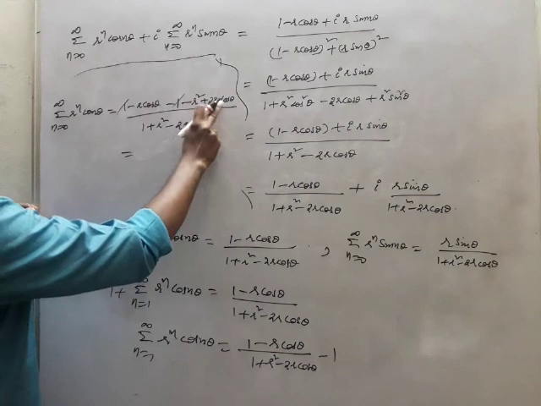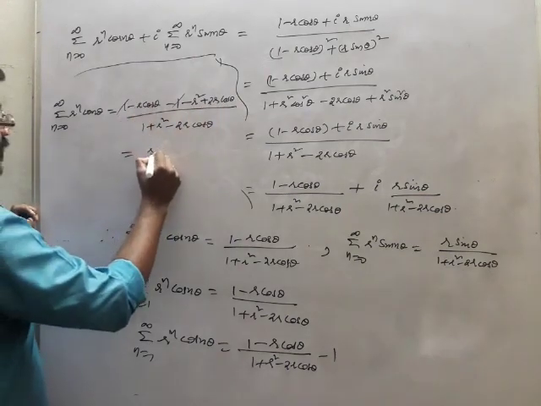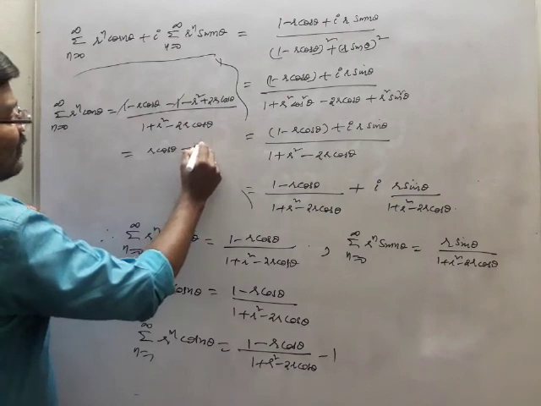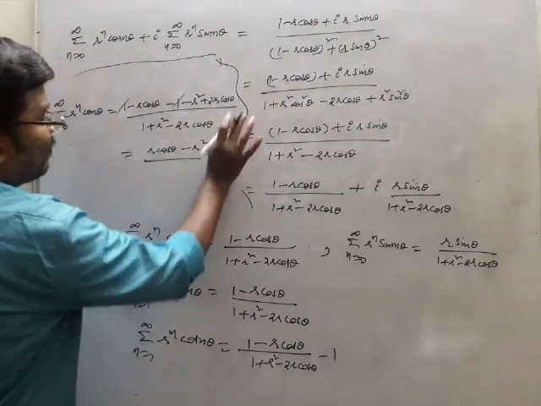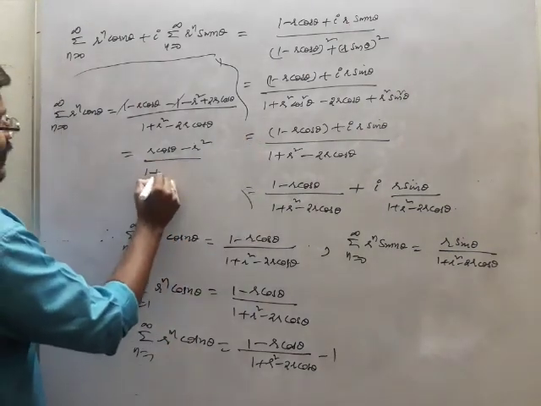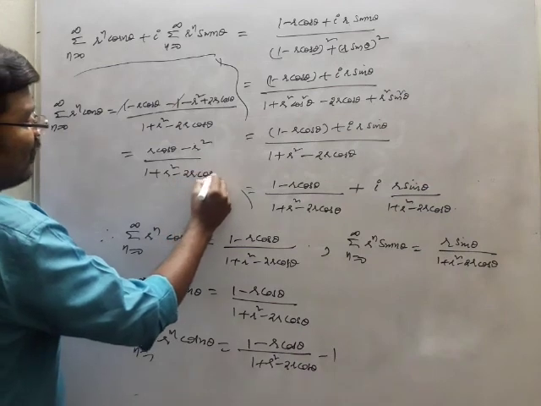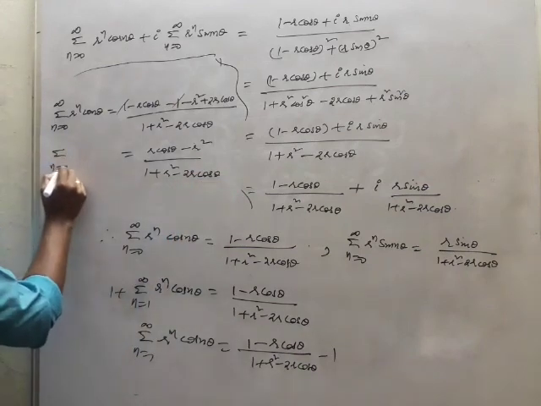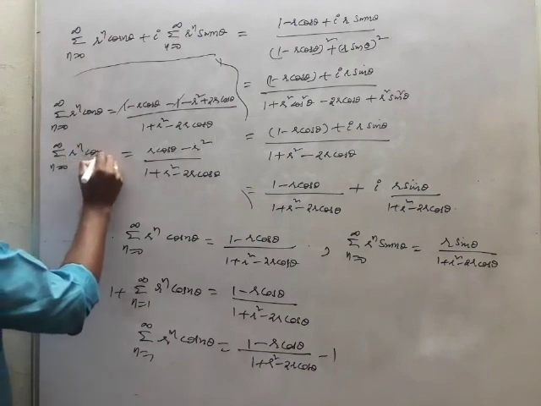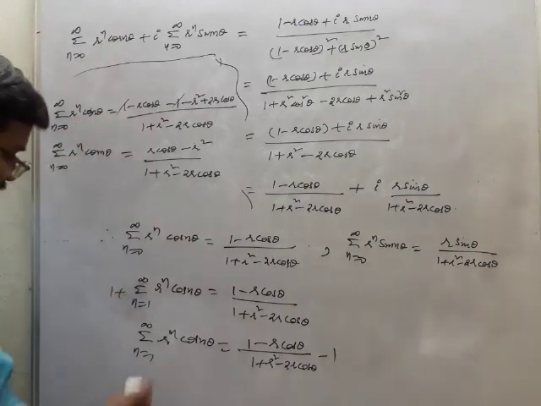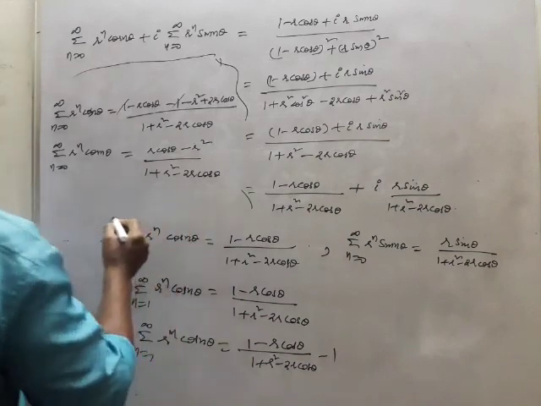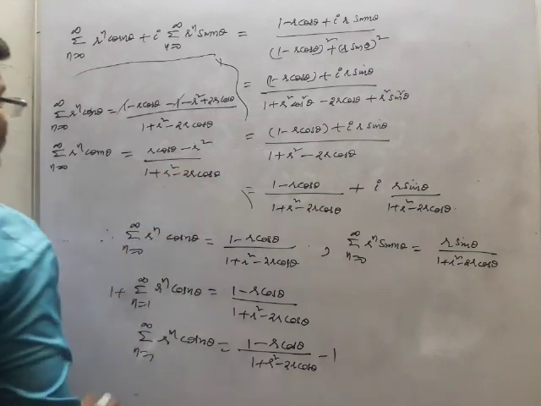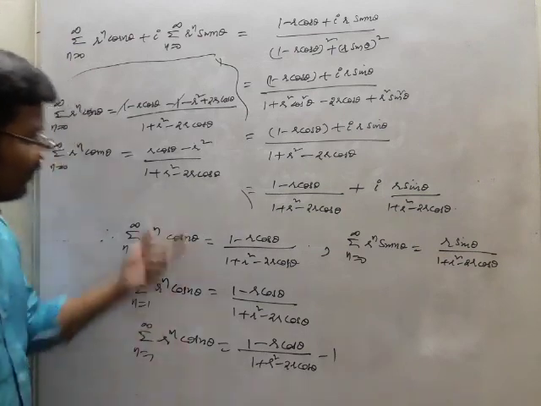You will be getting 2r cos θ minus r cos θ, so r cos θ minus r square you will get, by 1 + r² − 2r cos θ. So summation n = 1 to infinity of rⁿ cos nθ is (r cos θ − r²) by (1 + r² − 2r cos θ). So this is the value we got.